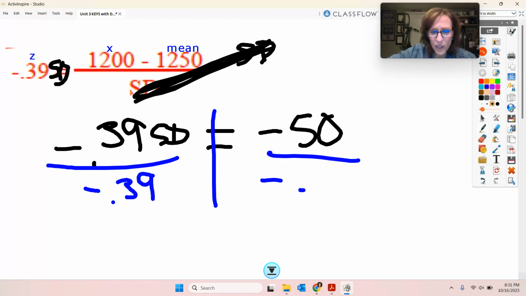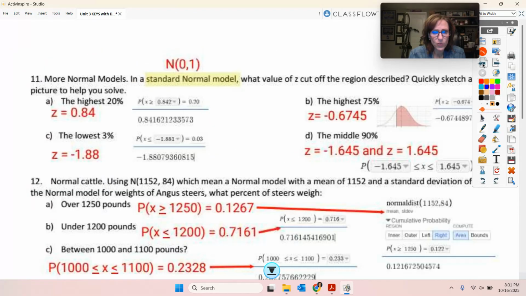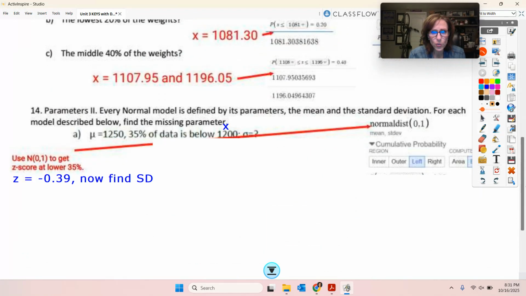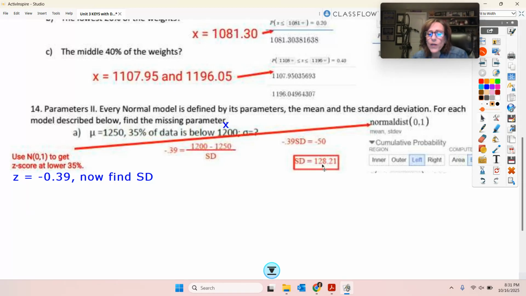So that tells me the standard deviation is whatever that comes out to be mathematically. Okay, so negative 50 divided by negative 0.39, that comes out to be 128.21. That standard deviation is a distance. It should be positive. So the fact that I divided negative 50 by negative 0.39 gave me a positive 128.21. Whatever the context is here, I don't know what it is.